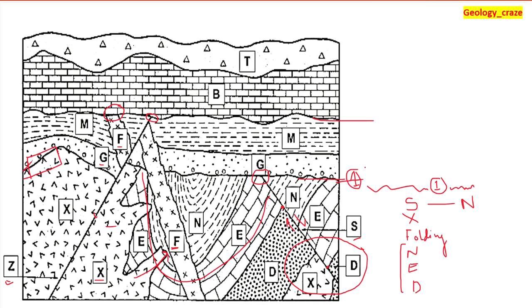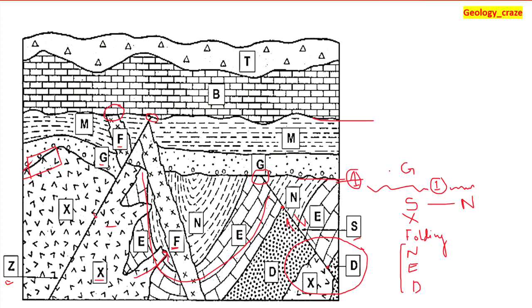Now, after that erosion, the basin is again submerged, and deposition took place. The deposition G and M took place after that, because as such there is no breakage.